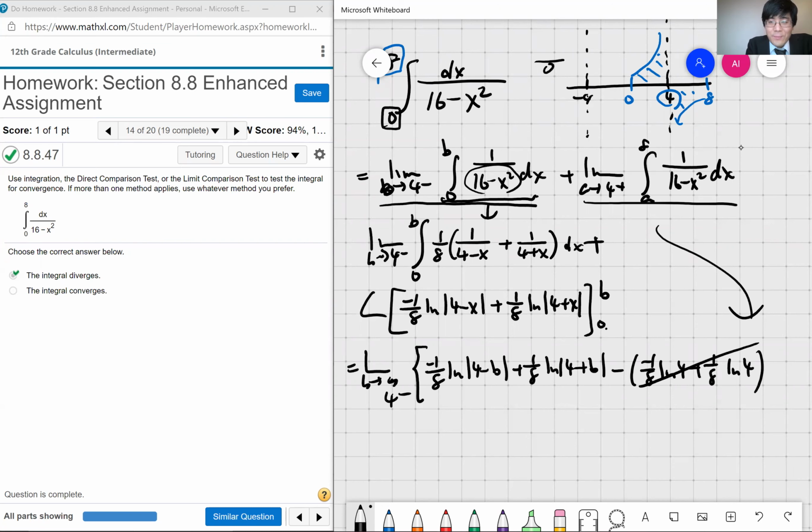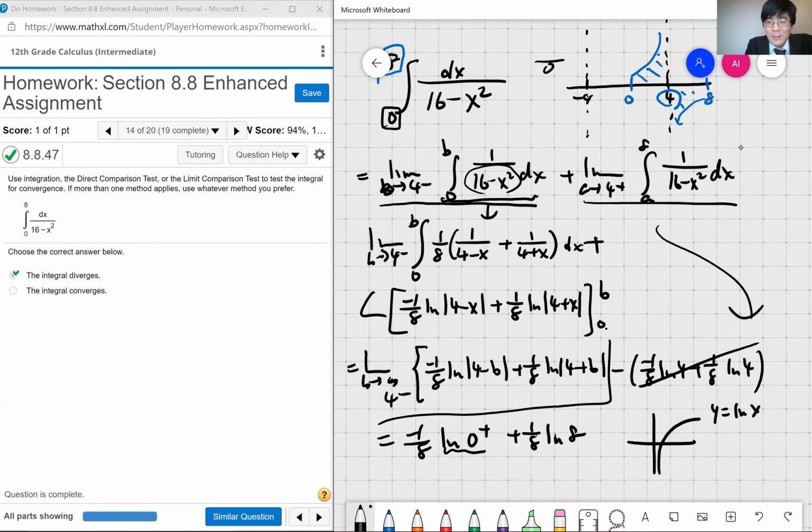But when you take this limit, it's going to be negative 1 over 8 ln of 0 plus 1 over 8 ln 8. What is this? y equals ln x, and the inside becomes 0 from the right direction. So it's going to be negative infinity. So this is going to be negative 1 over 8 times negative infinity plus some finite number.